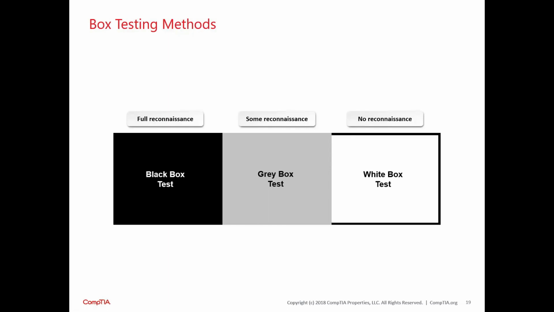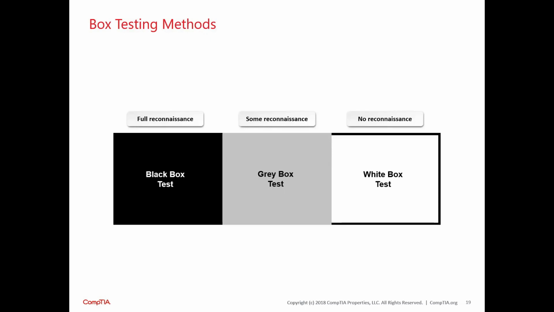So start with the black box followed by gray box, because you need to have full and even some reconnaissance. Information will be very limited, and for the white box, you may not need to do reconnaissance because everything will be given to you.